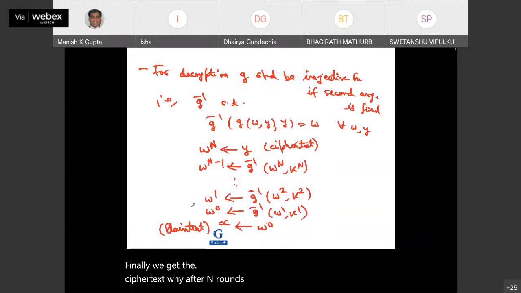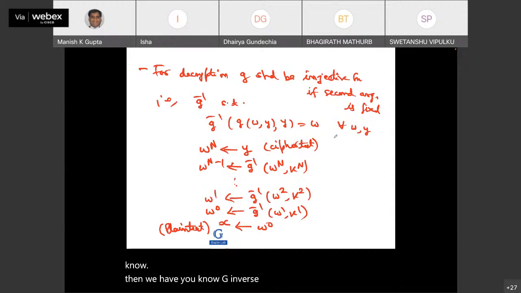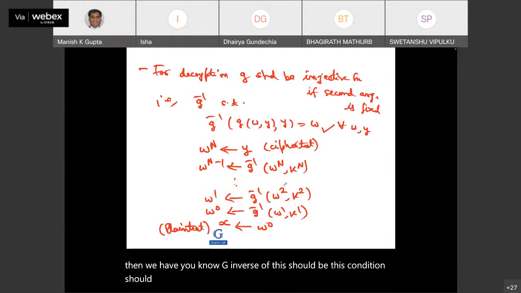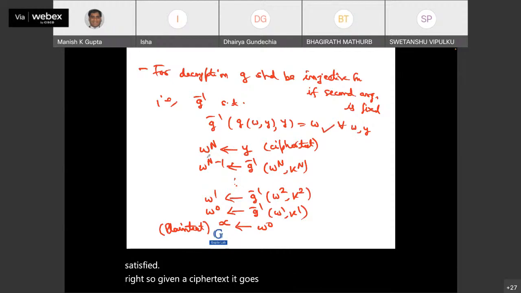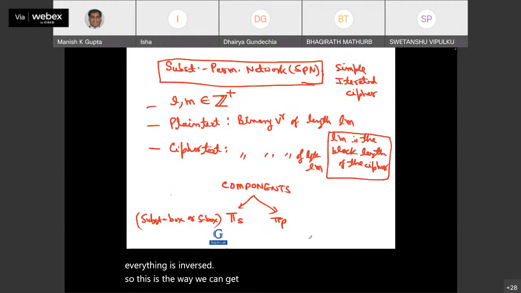The function should be injective so that we can do the inverse, so g inverse condition should be satisfied. Given a ciphertext, it goes to round n, then one less, and so on. Finally, you get the plain text. Everything is inverted, so this is the way we can get plain text from the ciphertext.